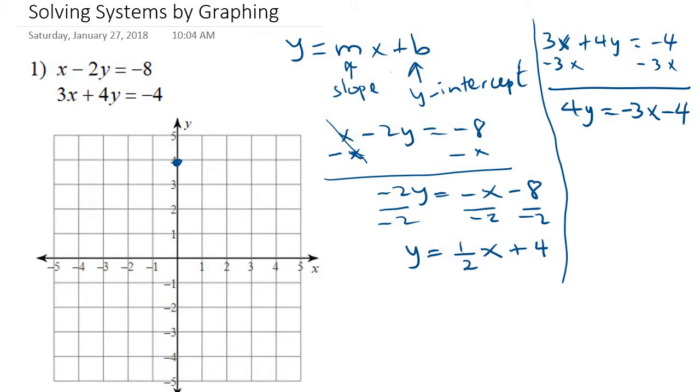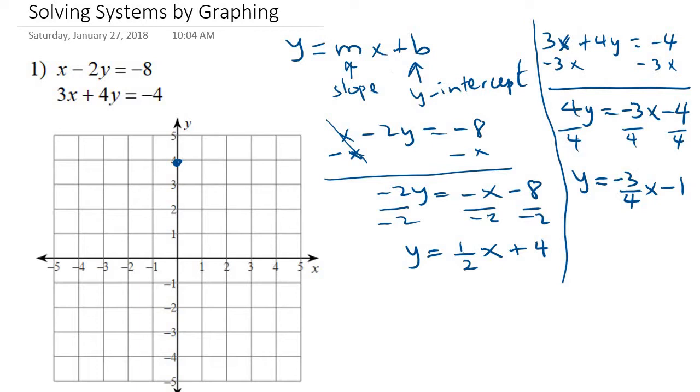And then divide both sides by 4. Okay. And then we have y equals -3/4 x minus 1.